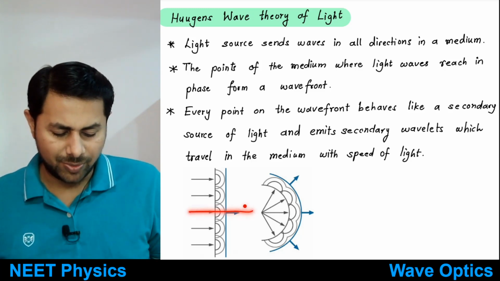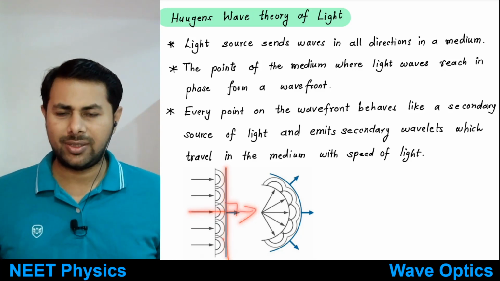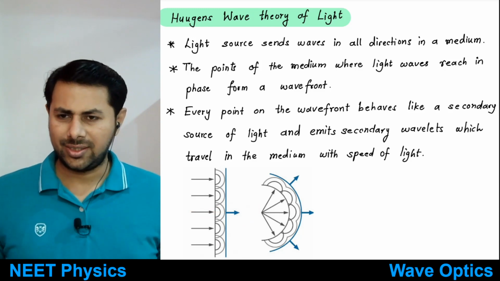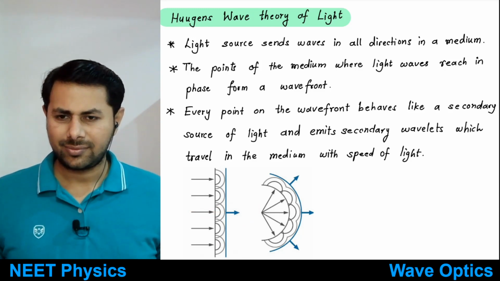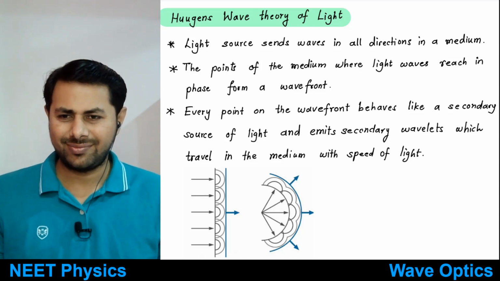This is the direction of propagation of light and this is the wavefront. So what's the angle between them? It's 90 degrees. Okay, this thing is clear?